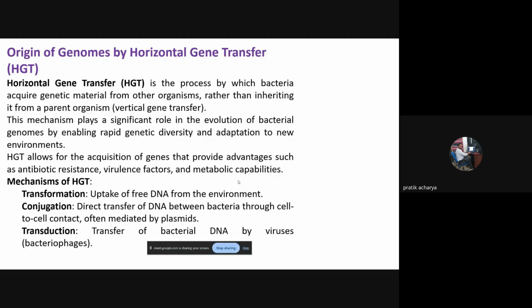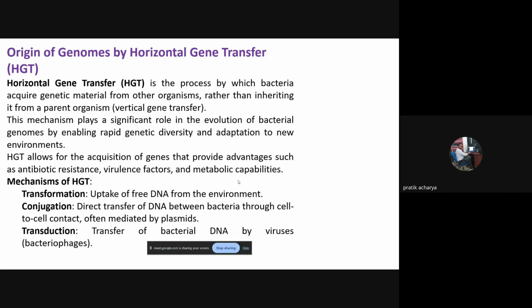If inheritance occurs, genetic material transferring from parent to offspring, then it is known as vertical gene transfer. If apart from the parent, any other bacteria is responsible for transfer of genetic information, then it is known as horizontal gene transfer.